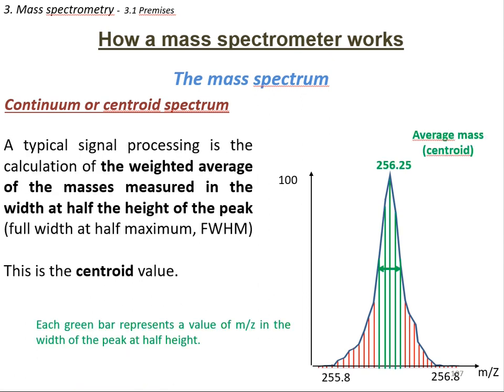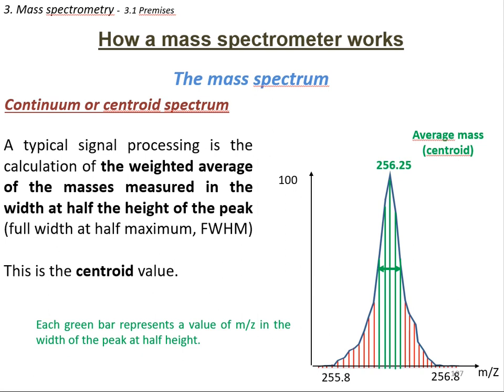And now you can make a small calculus to simplify the information and to access the most precise mass. And you can do that by making a weighted average of the masses measured in the width at half the height of the peak. We call that FWHM, full width at half maximum.